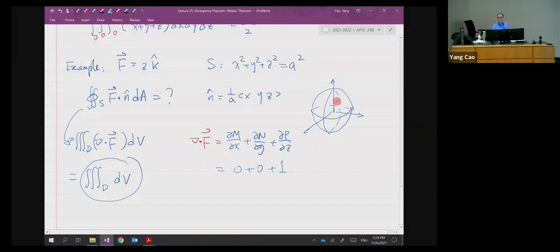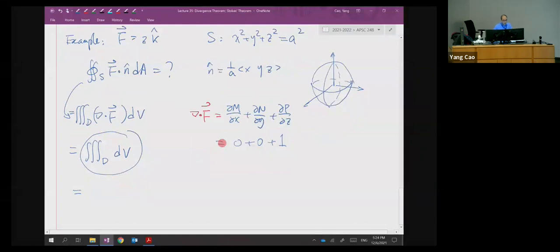If you remember your high school formula, you don't even have to calculate it: the volume of a sphere with radius a is 4 over 3 pi a cubed. Of course, if you don't remember this formula, then just apply spherical coordinates and the limits, and you can get exactly the same result.